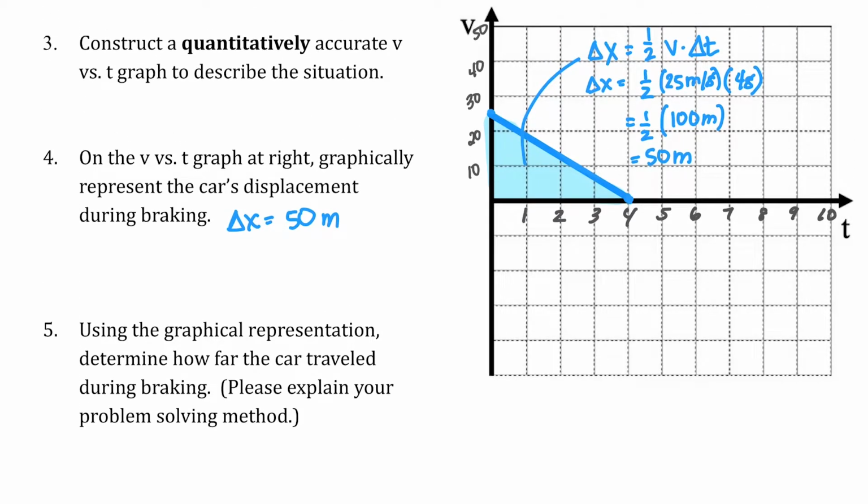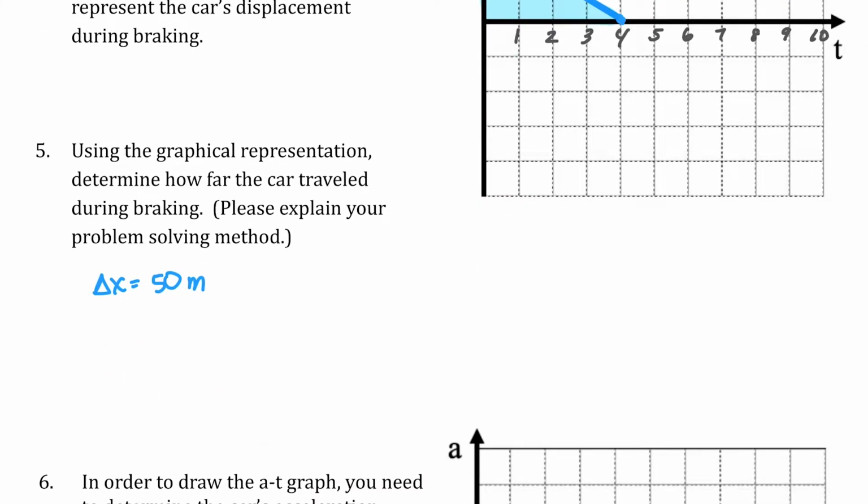So that's our delta x. We'll just move this over here, and our work is shown. Again, the area of a triangle is 1/2 base times height, and the area of our triangle in this case is called delta x.